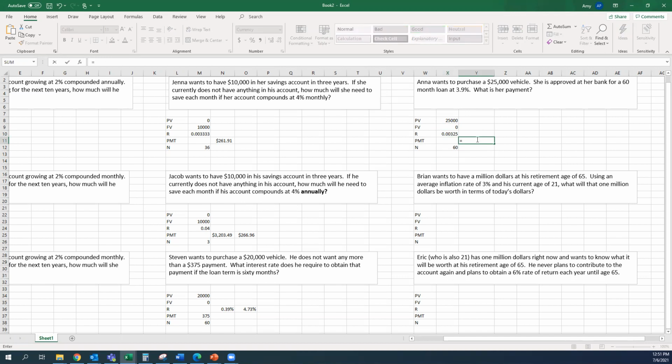So then we're going to go down here and solve for our payment. There's our rate, our NPER, our present value, and our future value. So Anna is going to need to make a payment of $459.29 per month for a 3.9% loan.